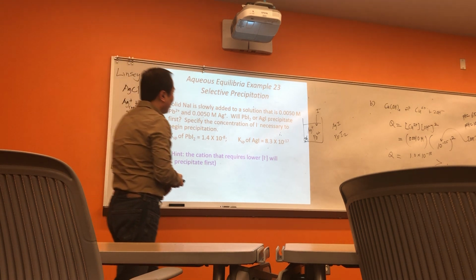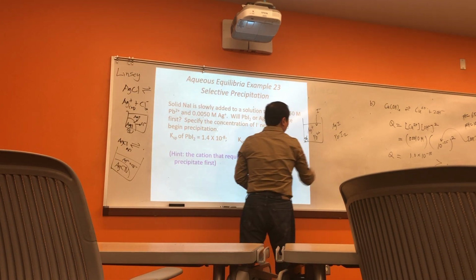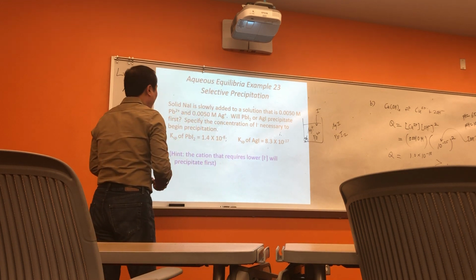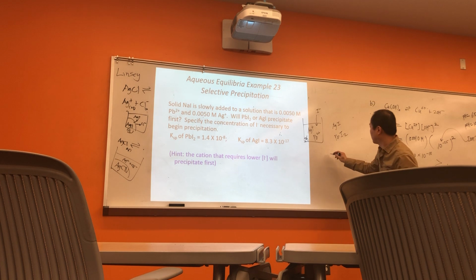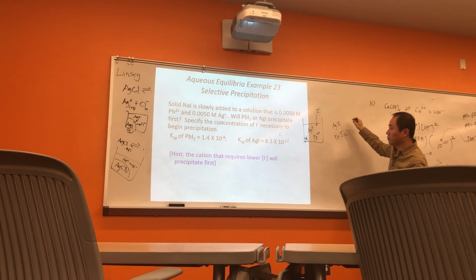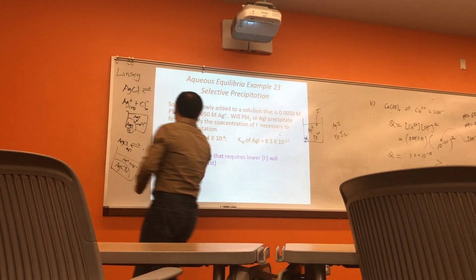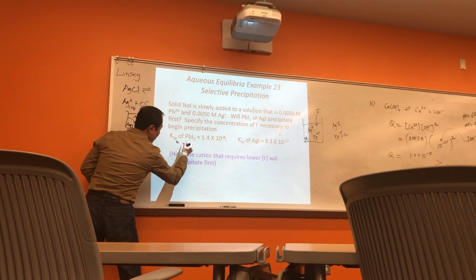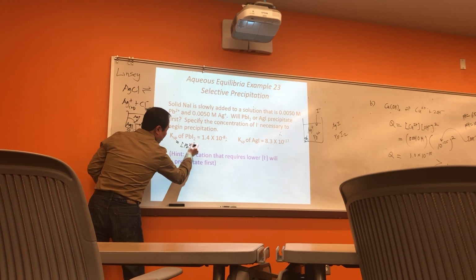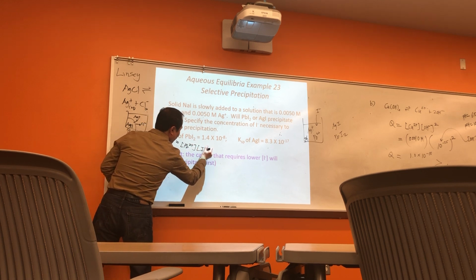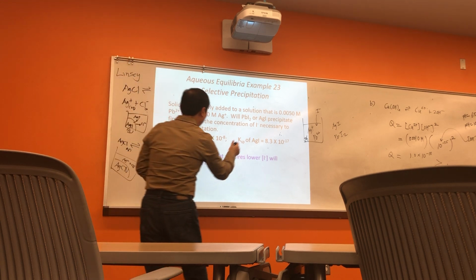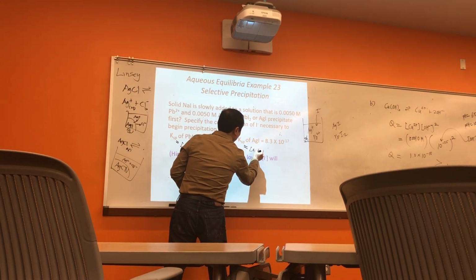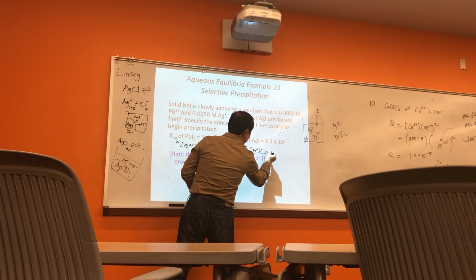To find out which one will precipitate first, you're going to have to find out the Ksp. Let's do this. Ksp for PbI2 is, that's a number, but the expression will be Pb2+ times I minus squared. Ksp of silver iodide, silver and iodide.